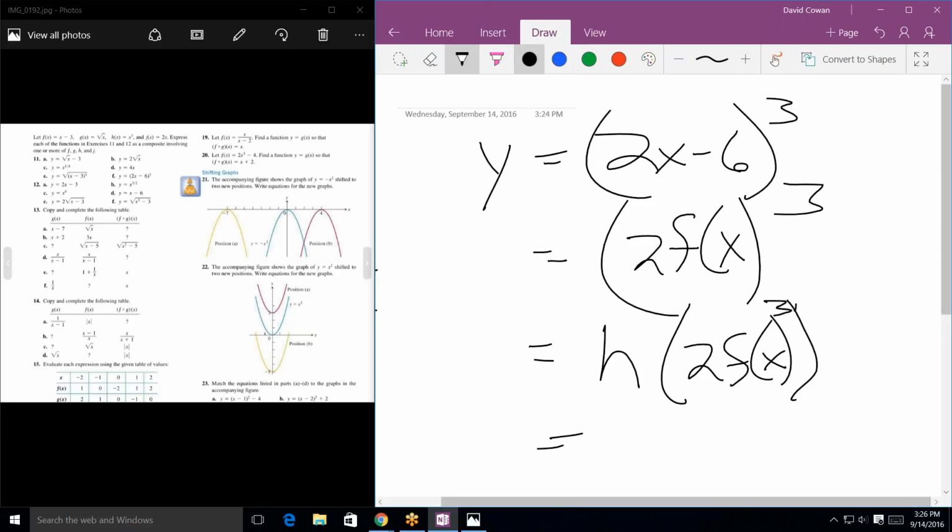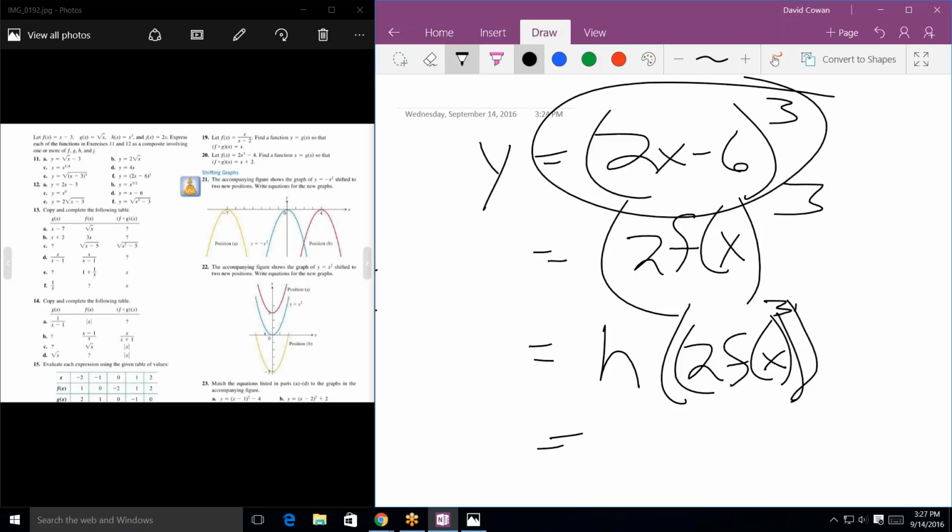So 2f of x cubed, if we put parentheses around that, is this, right? Yes. And we've said h of that, so h of that is that.